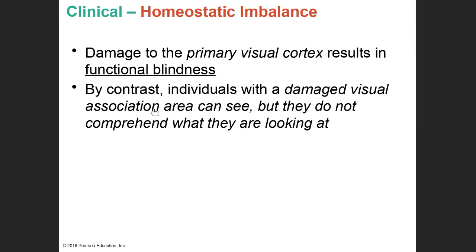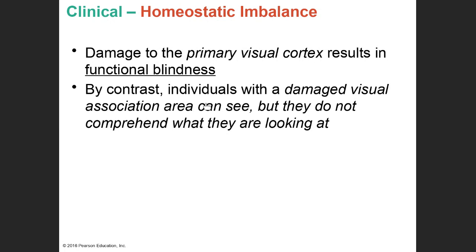So, if your association area is damaged, yet your primary visual cortex is still intact, you're still able to see, because you still have this primary visual cortex. But if your association area isn't working, you don't understand what you're looking at.